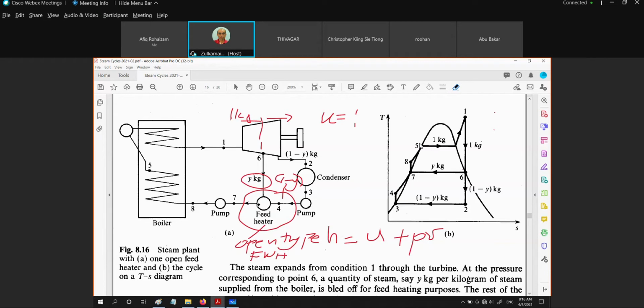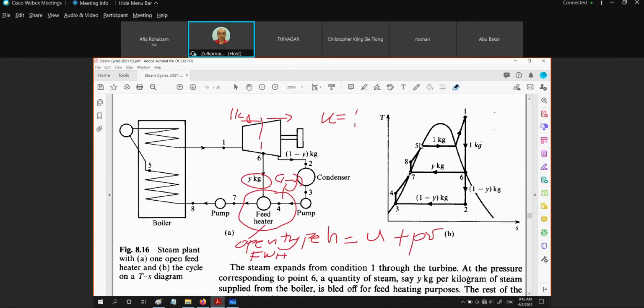The purpose of the feed water heater is to reduce the Q in, in order to increase the thermal efficiency by what? By increasing the average temperature at the boiler side.